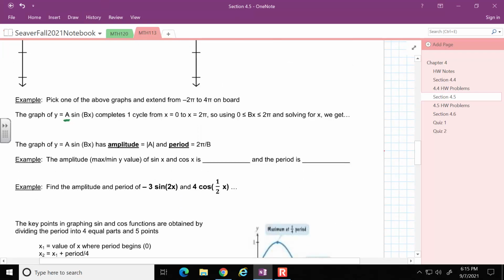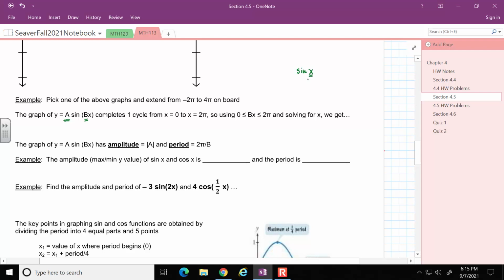Okay, so that's what this A does. Now this B in here, a sine of bx, a constant or multiplier on the inside, changes the period of my function. My general sine function, sine of x, goes between 0 and 2 pi. If I change that x to bx, I want bx to be between 0 and 2 pi.